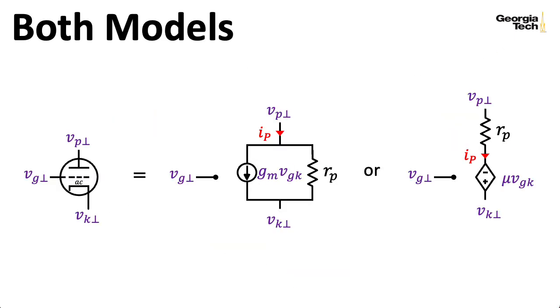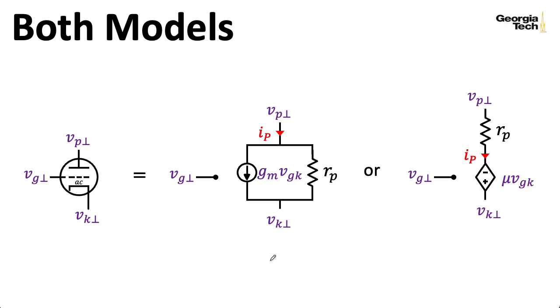So we have two models to choose from, and for triodes we generally choose the model on the right because mu is a parameter that's more intrinsic to the nature of the triode. It shows up in the original triode current formula, and it's the parameter that's consistent over a wide range of currents. This contrasts with pentodes.